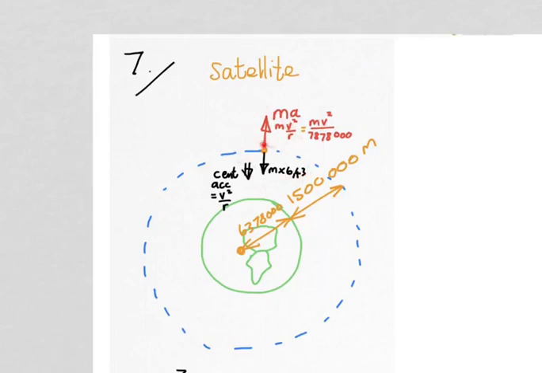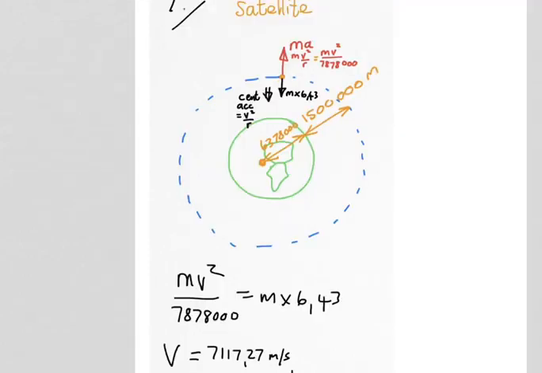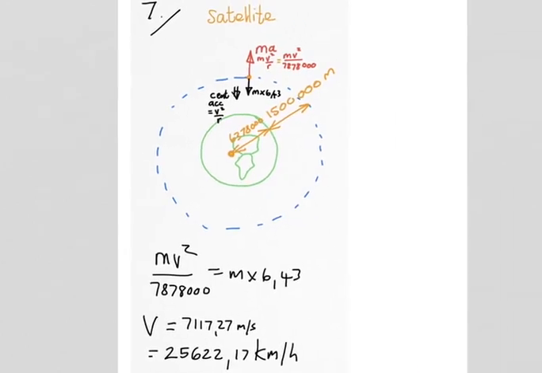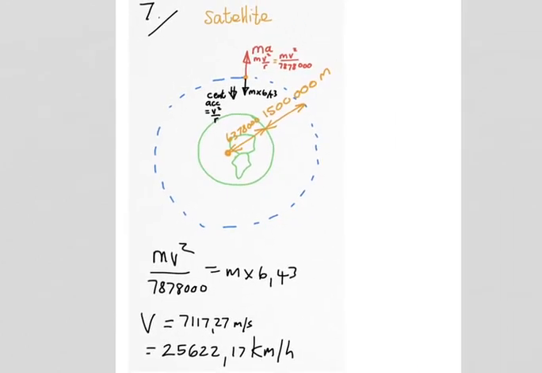So in our case, ma, which would be mv squared over r, by the way, because remember a is v squared over r, would be equal to m times 6.43. And that will allow us to find the required velocity, because mv squared over r, here's the radius, if you add that and that, is equal to m times 6.43. So our satellite must be traveling at an enormous 7,117 meters per second to remain in stable equilibrium.